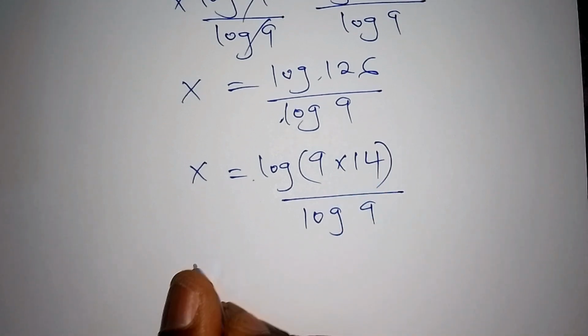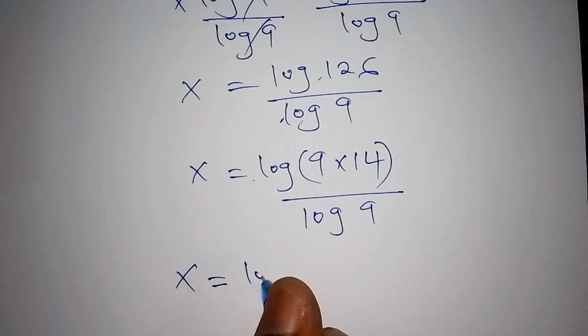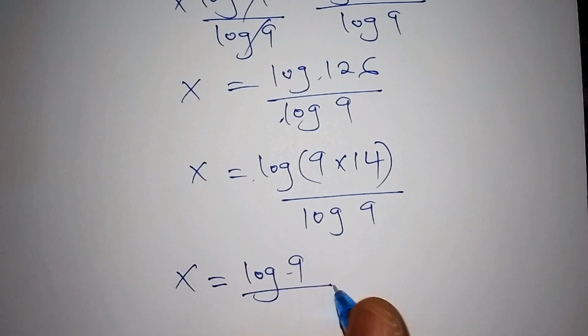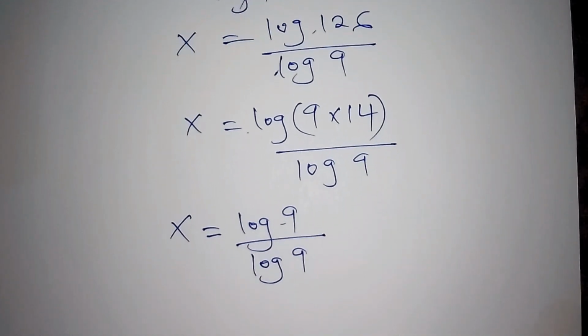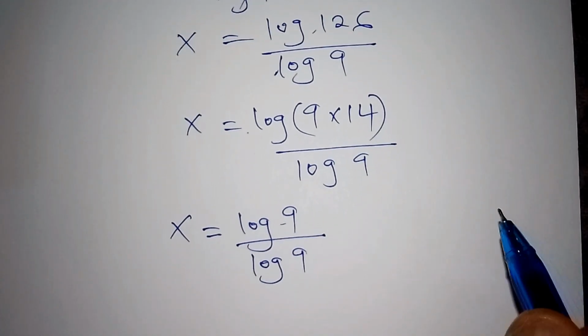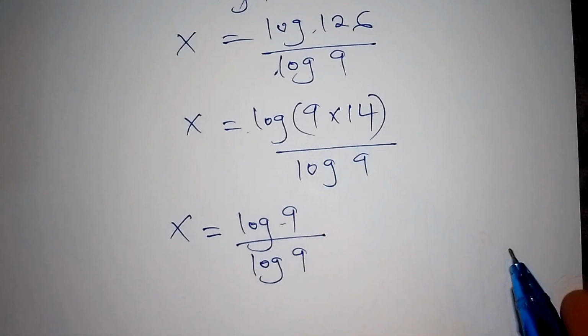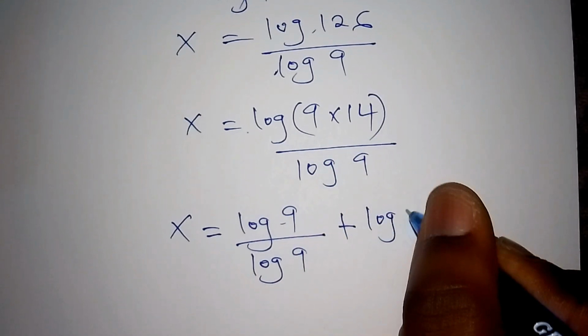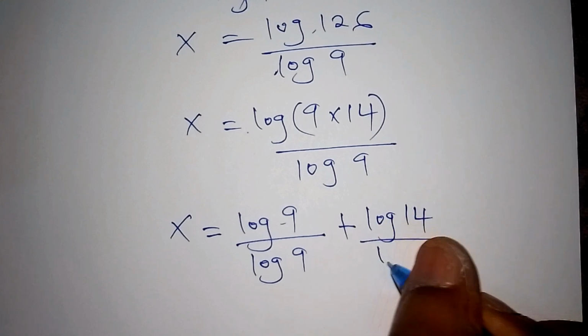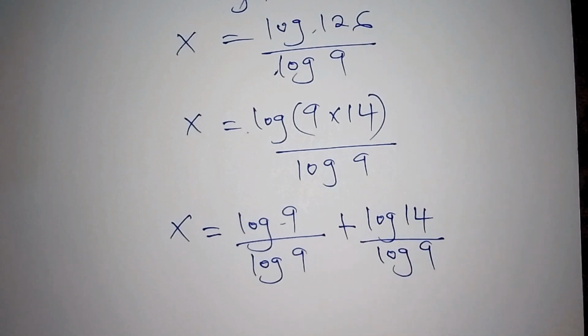Now x is equal to the log of 9 all over the log of 9, then according to the law of logarithms, the multiplication sign changes to addition, plus the log of 14 all over the log of 9.